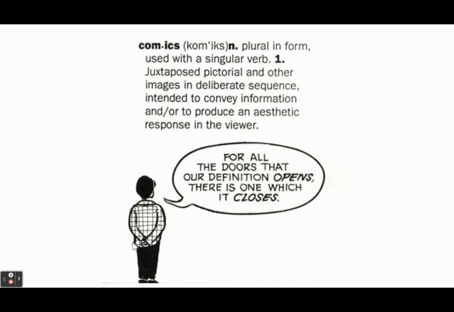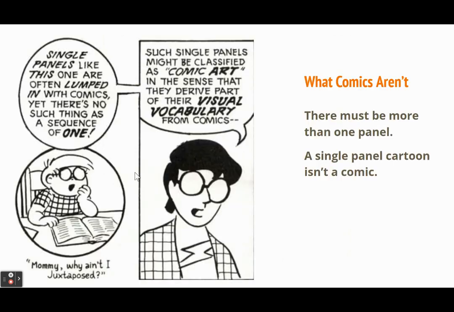McLeod's definition excludes one important thing that perhaps some of us think of as a comic, and he contends, and I agree, it can't be a comic. There has to be more than one panel.